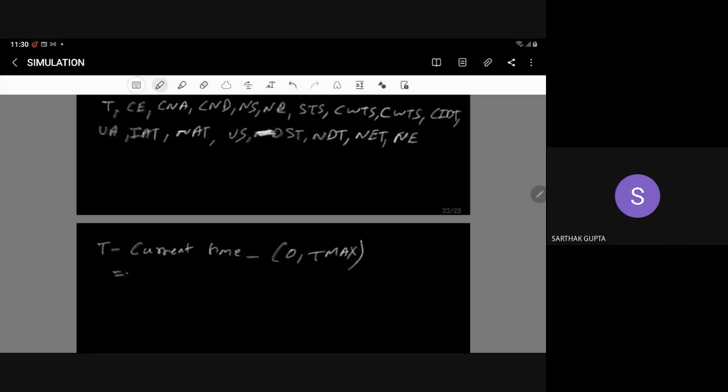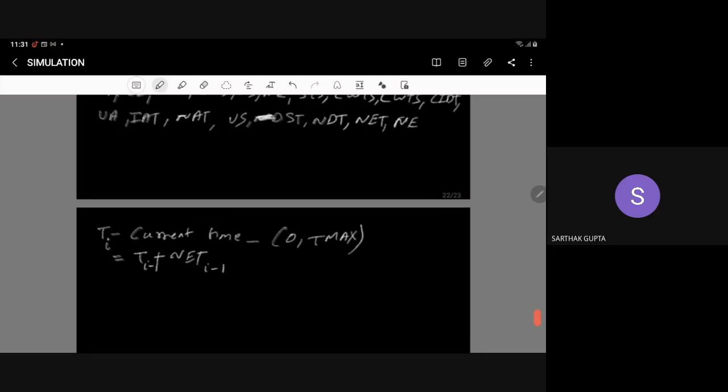It is the previous time plus the next event time. More clearly, Ti is equal to Ti minus 1 plus NETi minus 1. NETi minus 1 means the next event in the previous row.